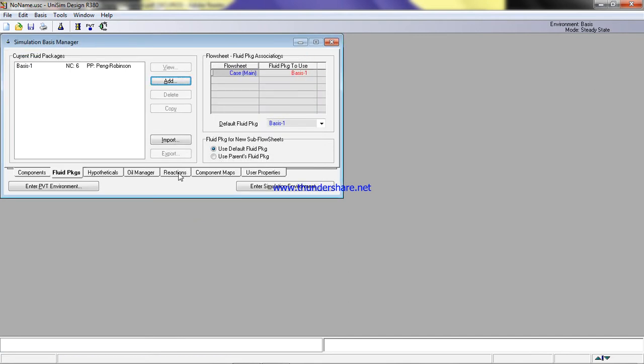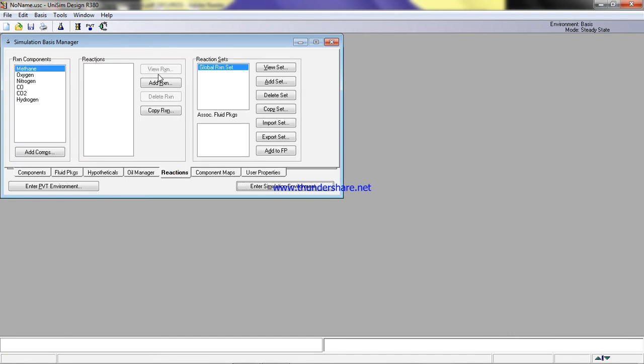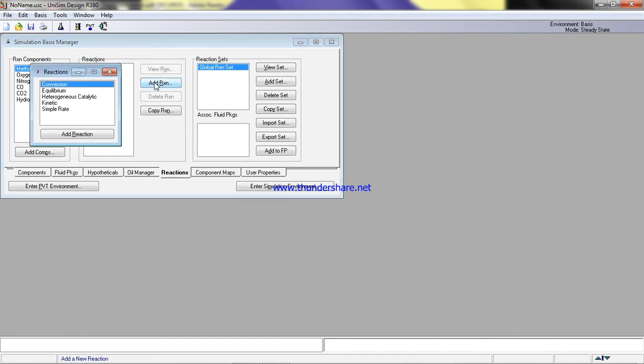Then we go to reactions. So you add reaction. Then you see conversion, equilibrium, heterogeneous, catalytic, and the rest. So it depends on how rigorous the work you are doing.